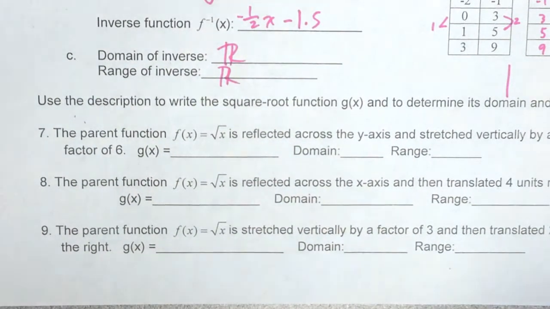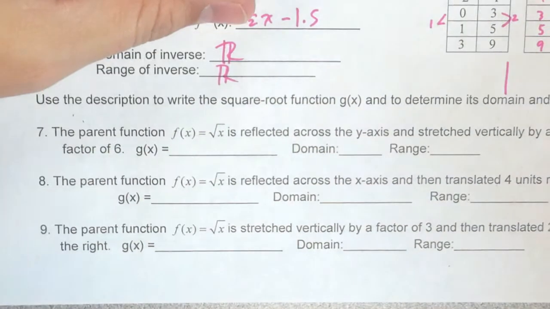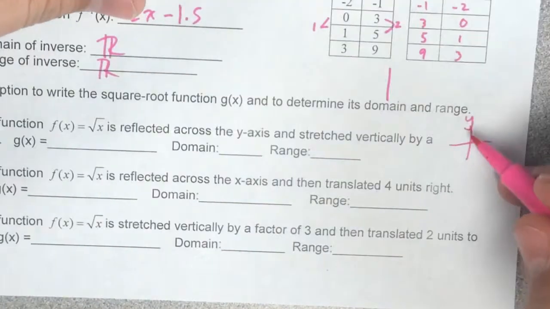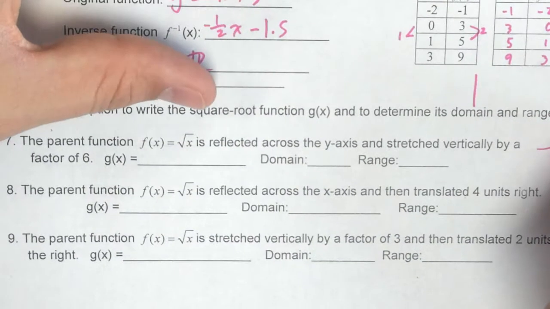Seven, 8, and 9. Use a description to write the square root function g of x and to determine its domain and range. The parent function is reflected across the y-axis. So it's reflected across the y-axis, this one. It's going to change left and right.